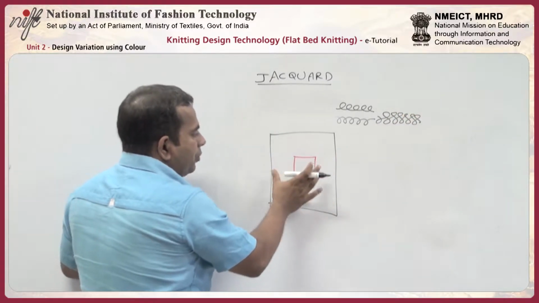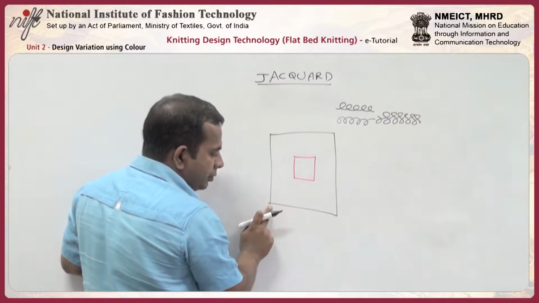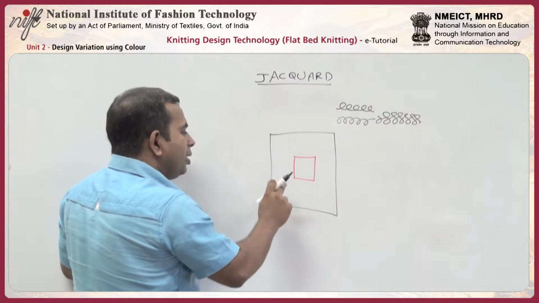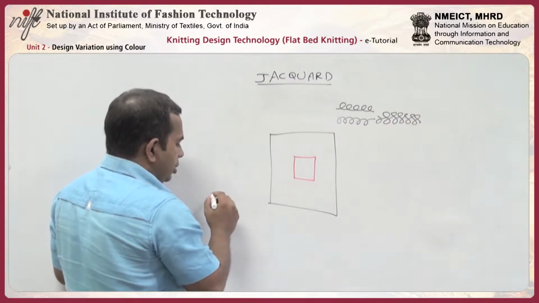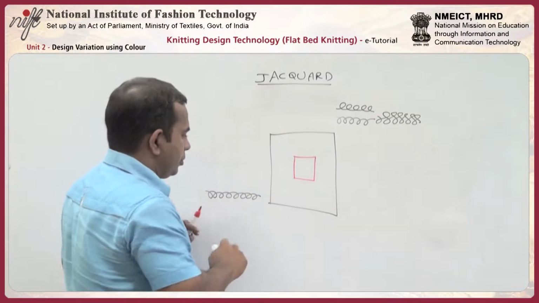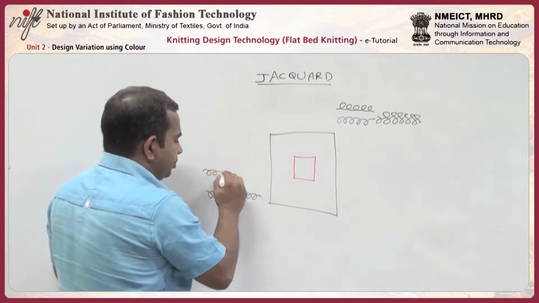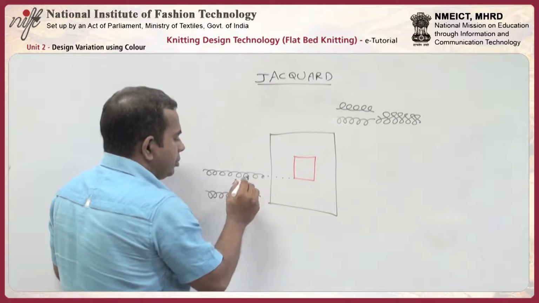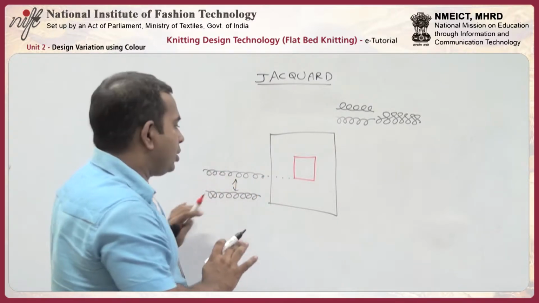So when we start knitting from here up to this point where the Jacquard is just starting, we will have only one color, which is black, in knitting action.